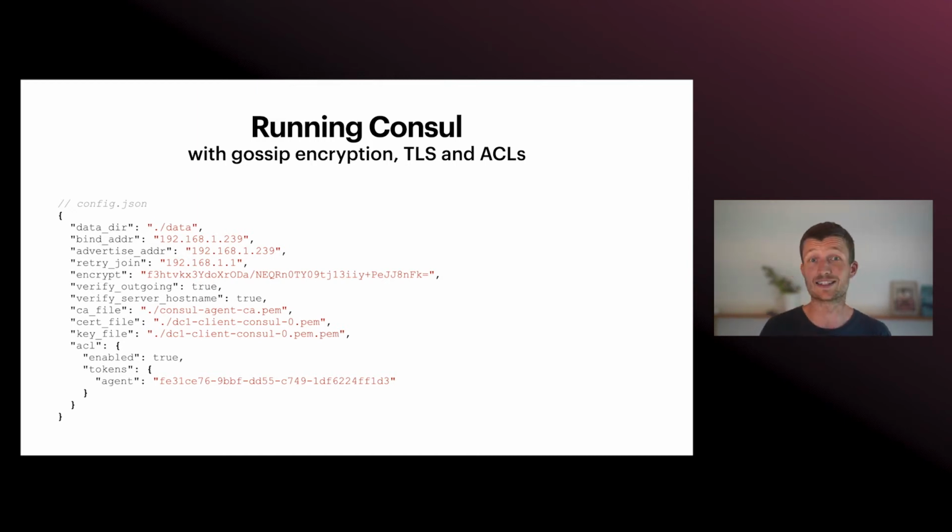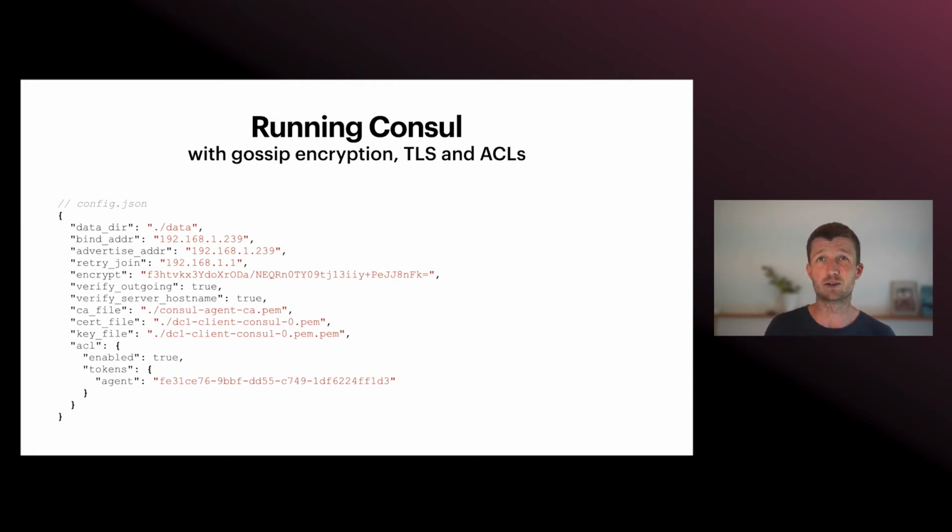ACLs are also useful for many other things. For example, for other operators or other Consul users, you can hand out ACL tokens to authenticate with that are limited in scope. So for example, one person can only see the key value store, another person can see the services, and so on and so forth. So ACLs are an important system, and depending on what other features you use in Consul, for example, Connect, our service mesh, ACLs really become a necessity.